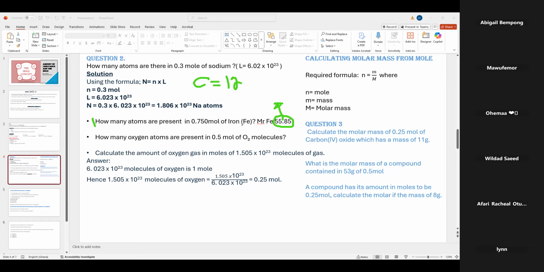So, with a question like the one you just talked about, does it mean the molecular form of the iron doesn't affect the solution? It doesn't affect the question.